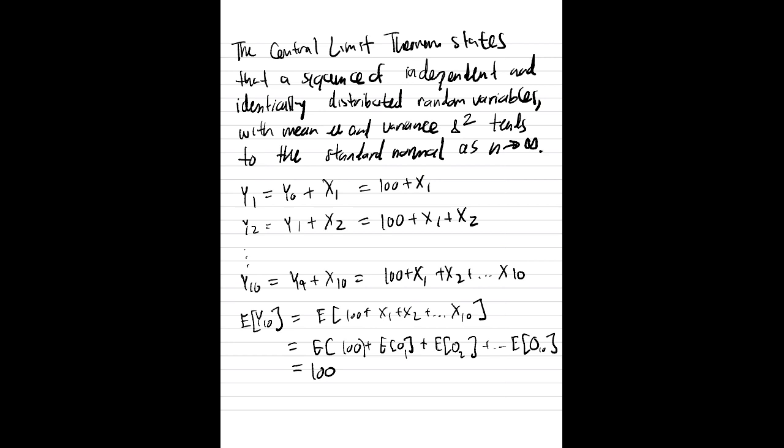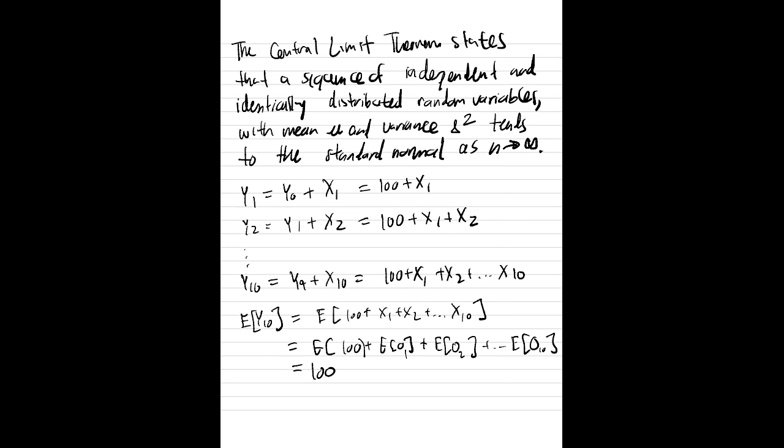I wrote out the central limit theorem, which states that a sequence of independent and identically distributed random variables with mean mu and variance sigma squared tends to the standard normal as n goes to infinity, and it's just an approximation.